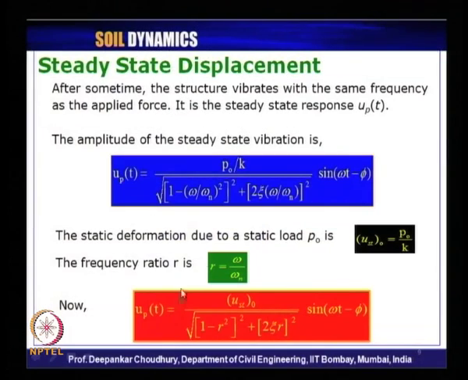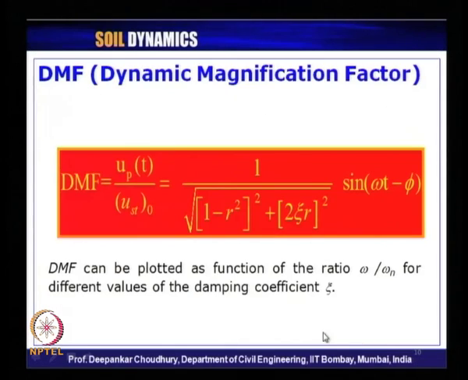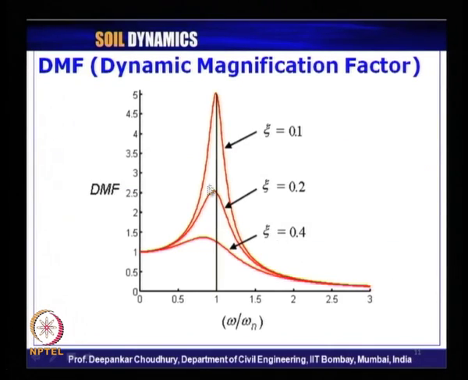Here again the frequency ratio is defined as the externally applied frequency to the natural frequency of the system, and DMF is given by this expression, and the plot is like this. So, the peak is somewhere here, a little before r equals 1, then with increase in the damping ratio it keeps on shifting slowly towards the left side.